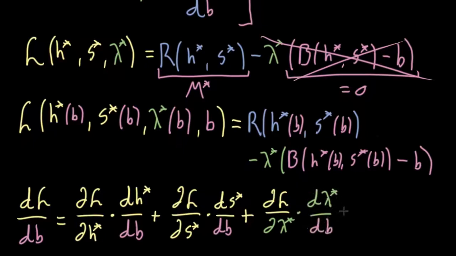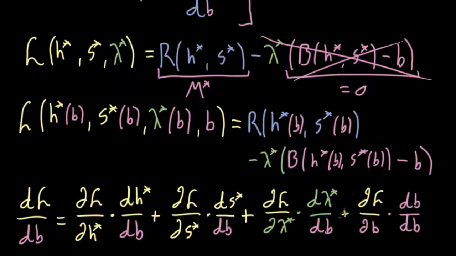And then finally, we take the partial derivative of this Lagrangian with respect to that little b, which we're now considering a variable in there, right? We're no longer considering that b a constant, multiplied by, well, something kind of silly, the derivative of b with respect to itself.